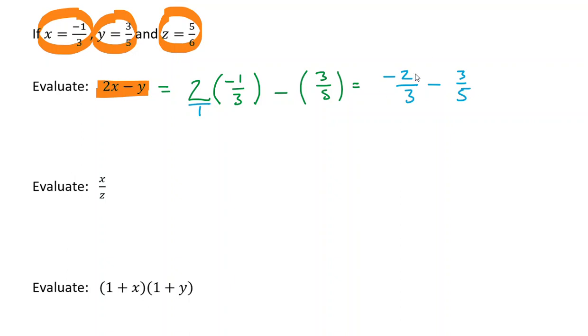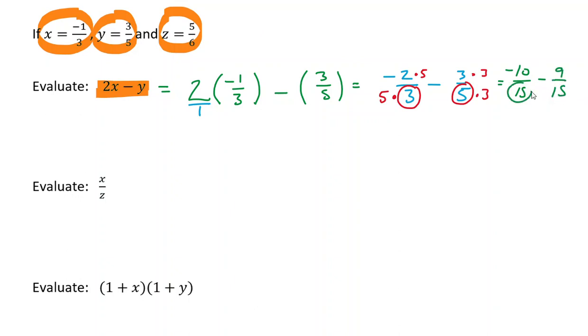And now this is a subtraction problem. We have two fractions. The denominators are not the same, and they don't have anything in common either. So we're just going to multiply them by each other. Times 5, times 5, times 3, times 3. And that gives us -10 over 15 minus 9 over 15.